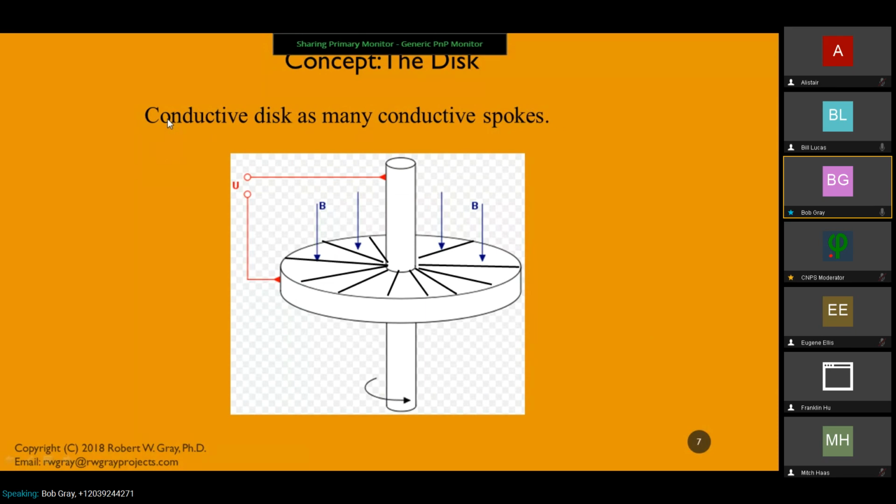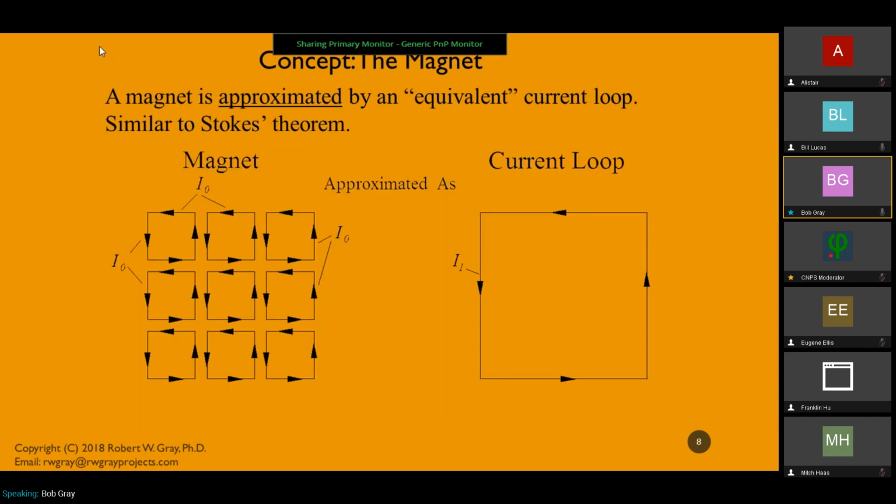So here on the conductive disk, we can think of that as a lot of conducting spokes all jammed together to define the conducting disk. And for the magnet, we use the concepts from Stokes' theorem. A magnet can be approximated by a quote-unquote equivalent current loop.